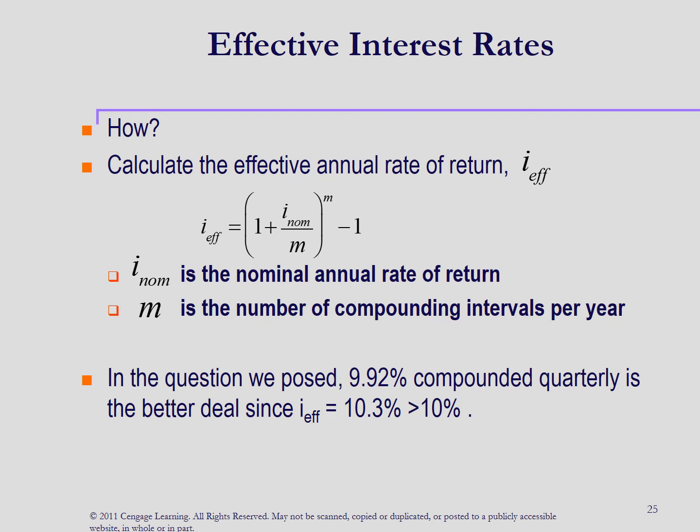The effective annual rate of return is calculated by 1 plus the nominal annual rate of return divided by the number of compounding intervals per year, raised to the number of compounding intervals per year, minus 1.